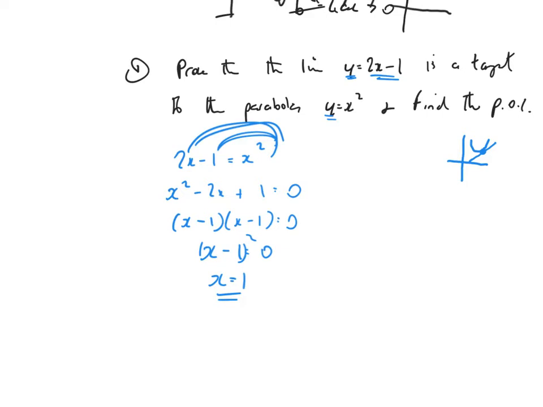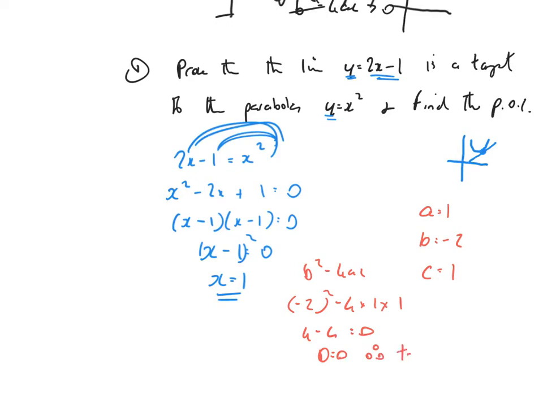We can see that a is 1, b is minus 2, and c is 1. b squared minus 4ac is minus 2 all squared minus 4 times 1 times 1. That's 4 minus 4 equals 0. So the discriminant equals 0. Therefore, tangency exists.